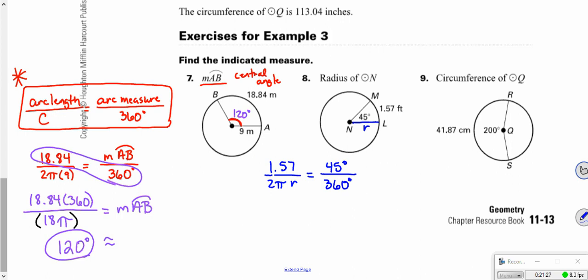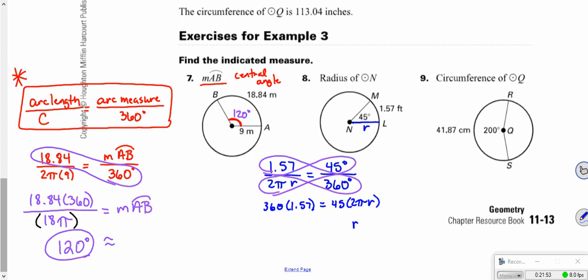Once again, if we do our cross multiplying here, we've got 360 times 1.57 equals 45 times 2 pi r.